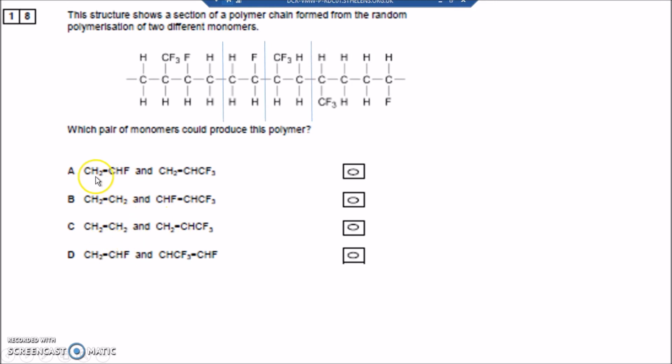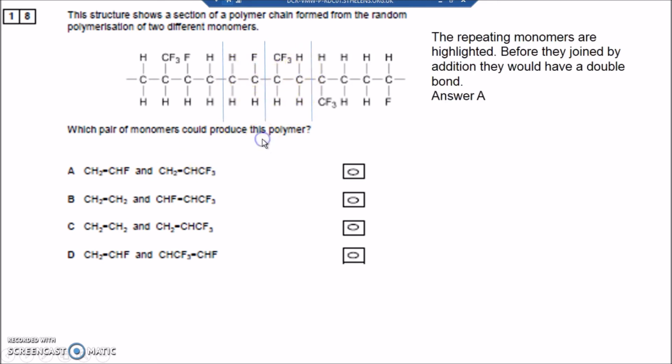It appears in A and D, so it's either A or D. And the other one is CHF3, CH2, CH2, CHF3. The answer is A. D is incorrect. The answer is A.